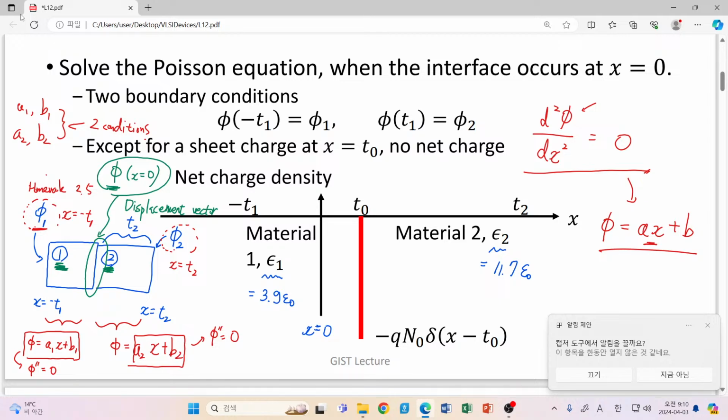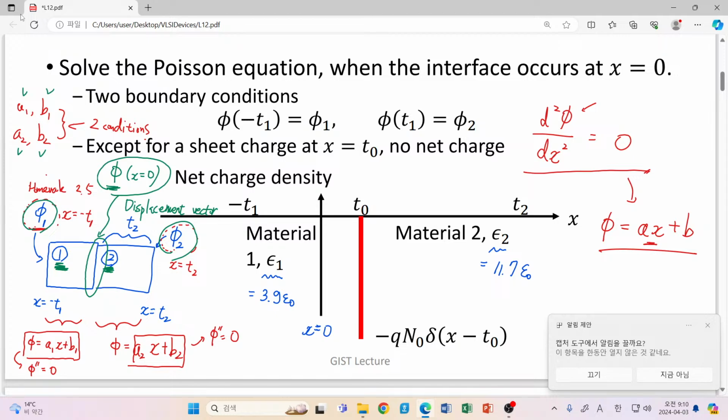So by applying these four conditions, you can calculate a1, b1, a2, b2 as a function of the applied bias voltages phi sub 1 and phi sub 2 and other material quantities, t sub 1 or something like that.